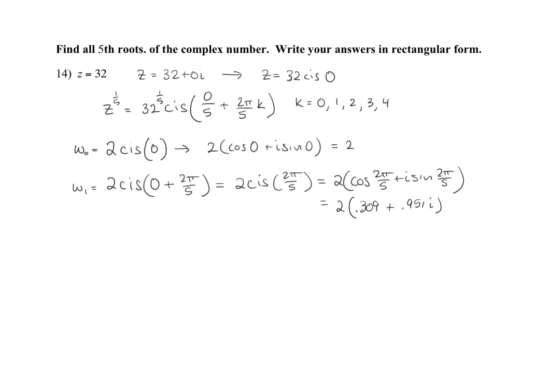So then we distribute 2 to both of those. For 2 times 0.309, that's 0.618. And then for 0.951, it's 1.902.